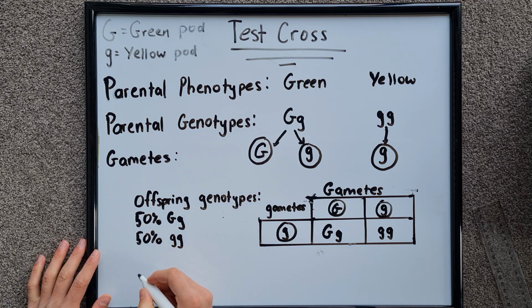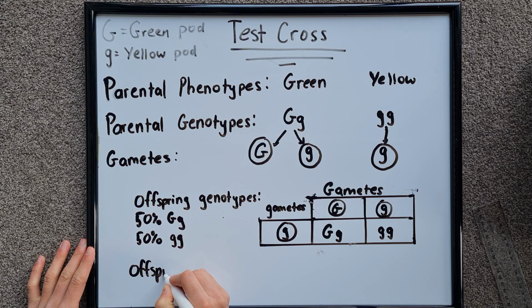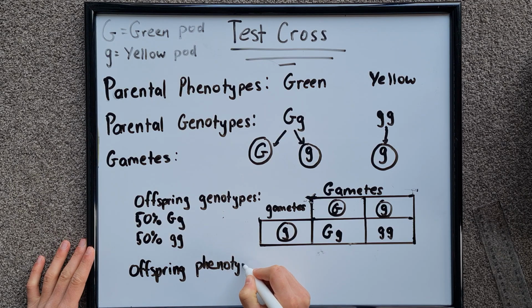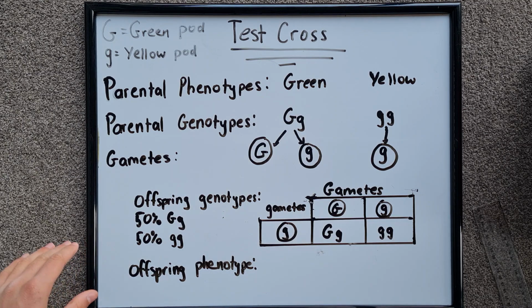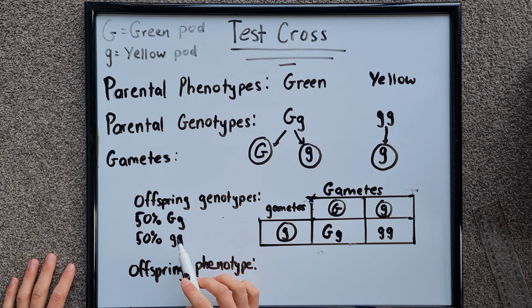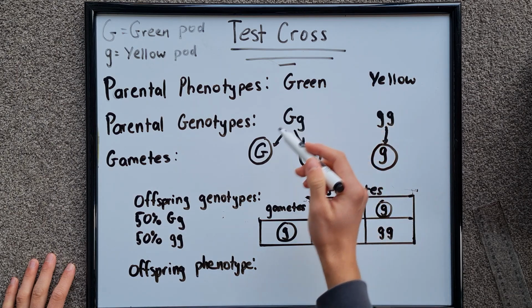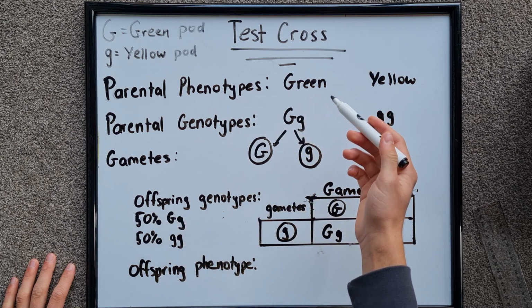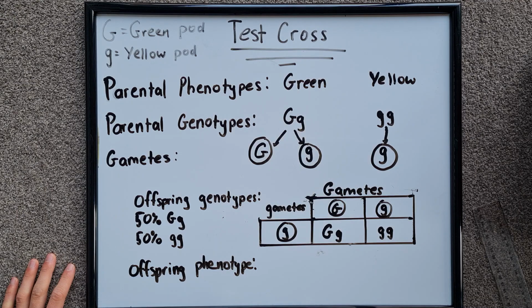What we can then do is write the offspring phenotypes, okay? The phenotype ratio. With the genotypes, what we can see, 50% will be heterozygous and 50% will be homozygous recessive. Now, as we talked about before, homozygous recessive is yellow, and heterozygous or homozygous dominant will display that green trait.